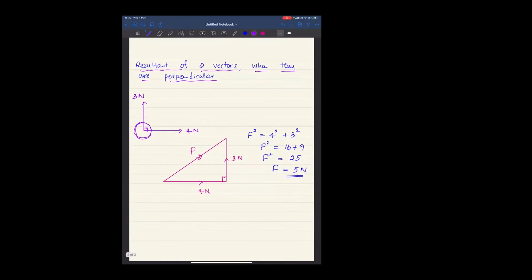So here the resultant force will be acting in this direction.